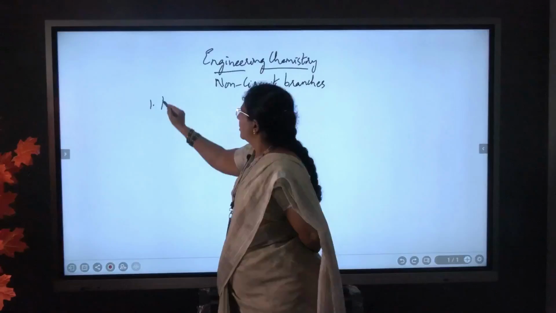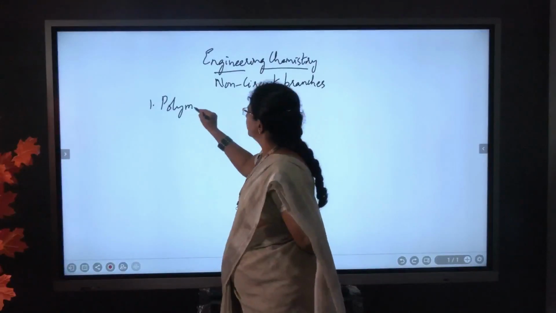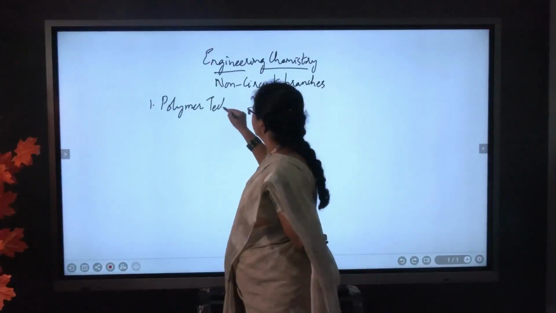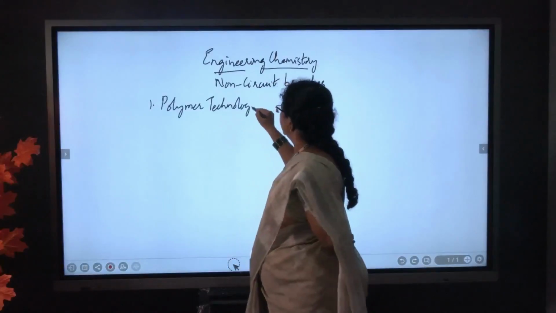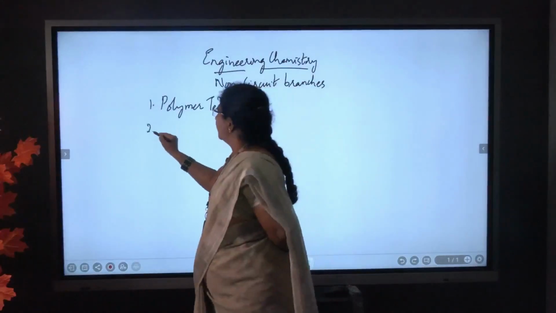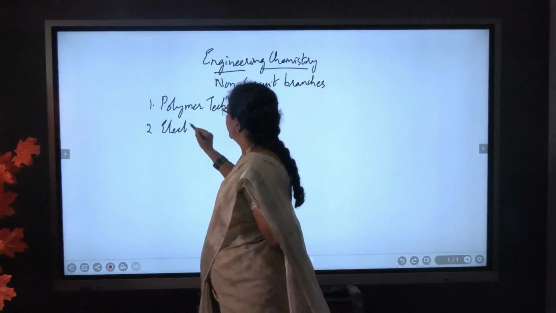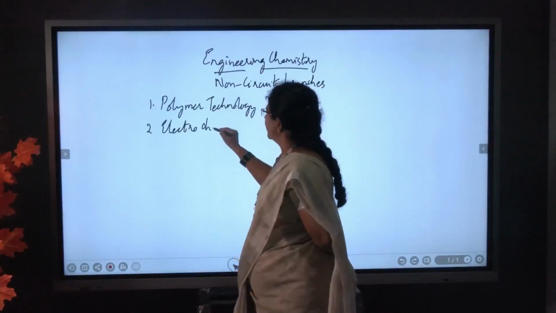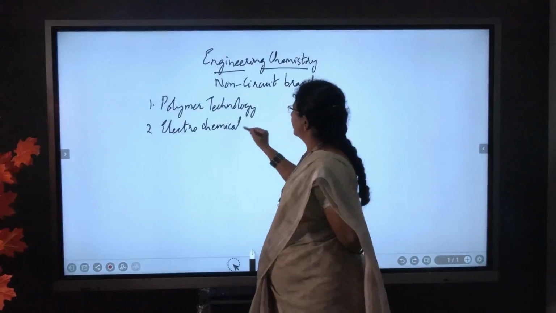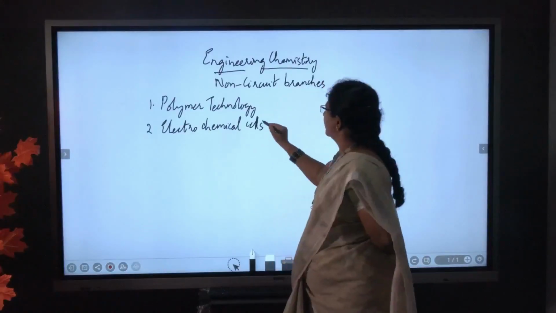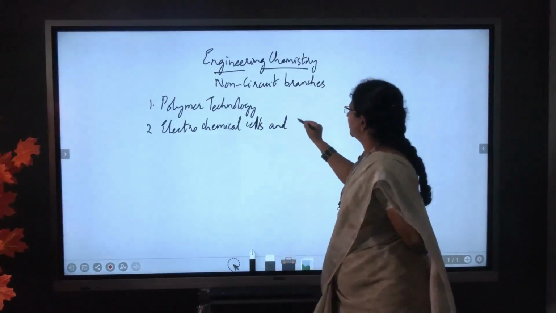First one is Polymer Technology. Second unit is Electrochemical Cells and Corrosion.